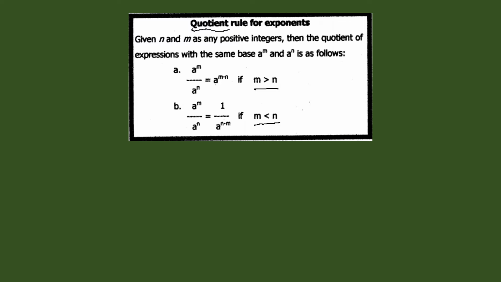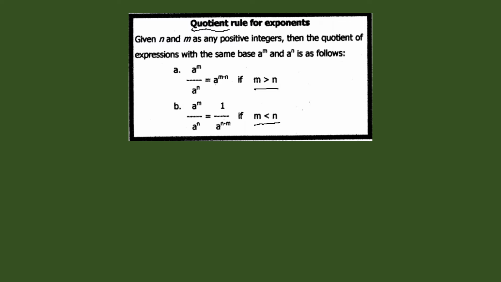If the exponent on top is greater than the one at the bottom, then the answer would be copy the common base and subtract the exponents. That's the general rule. But if the exponent in the denominator is bigger than the one in the numerator, you will still subtract, but it will become n minus m. And then you have to write 1 on top, or you just get the reciprocal.